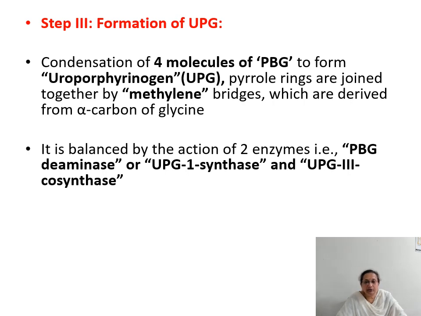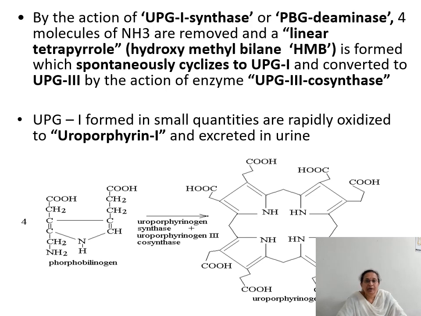Now let us see how these two enzymes act independently. By the action of UPG1 synthase or PBG deaminase, 4 molecules of ammonia are going to be liberated, and a linear tetrapyrrole called hydroxymethylbilane, that is HMB, is formed, and this HMB spontaneously cyclizes to UPG1, right?